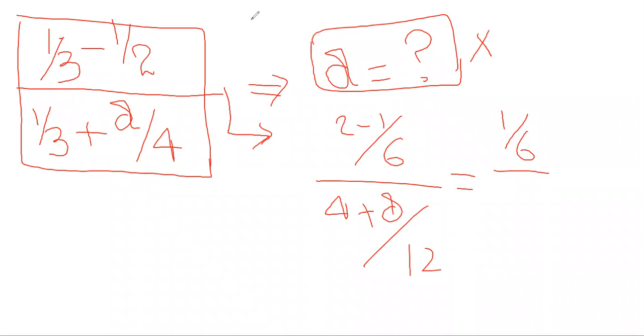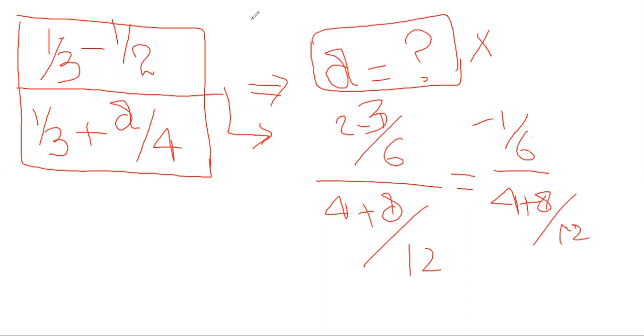From here what we were getting is 3, 2 and minus 3 over here. So minus 1 over 6 over here, and that is 4 plus a over 12.